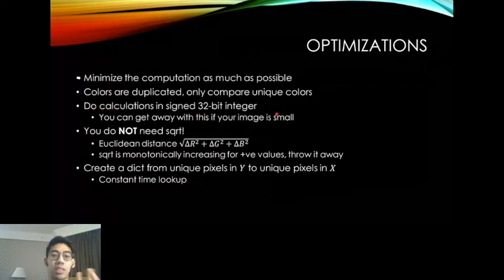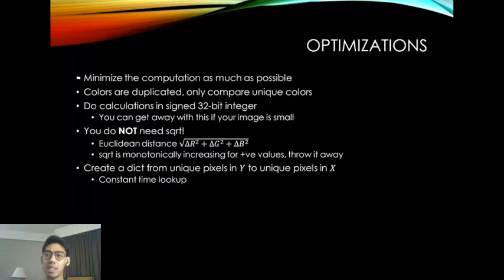Let's do calculations in signed 32-bit integer, right? So if your image is small, then the distances that you're expected to calculate are not going to be very, very big, right? They're going to be within the bounds of 4 billion, which is 32 bits. I think 32-bit goes up to 4 billion or so.